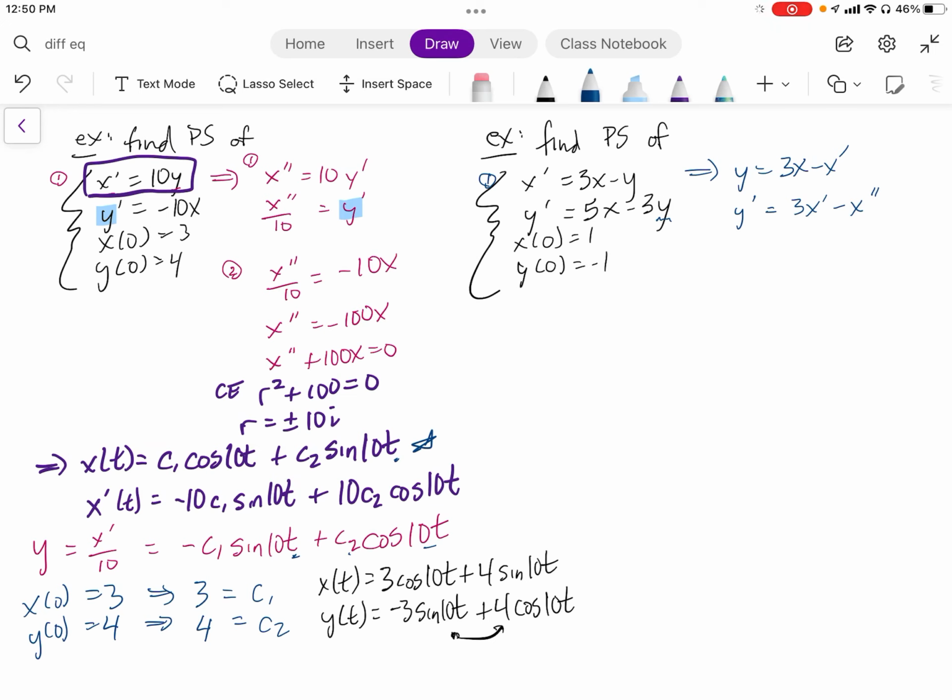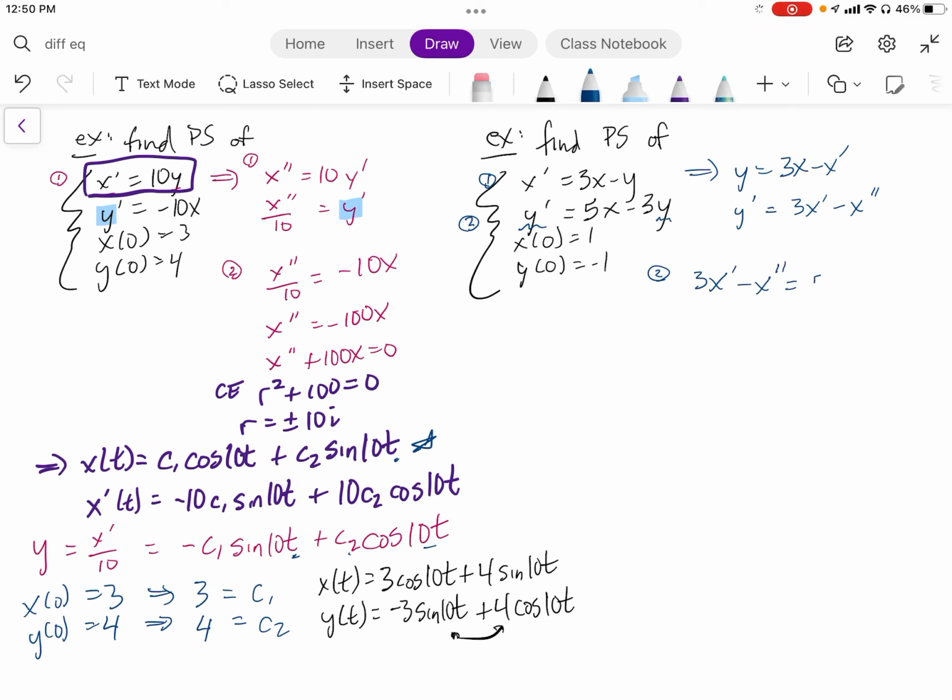Now we're going to take both of those and substitute them into equation 2. So on the left, we will have equation 2, 3x prime minus x double prime.